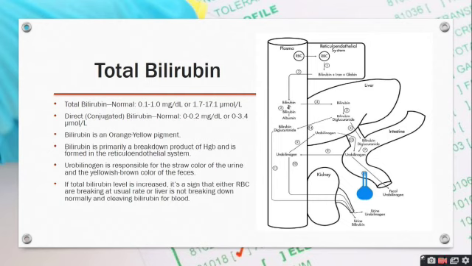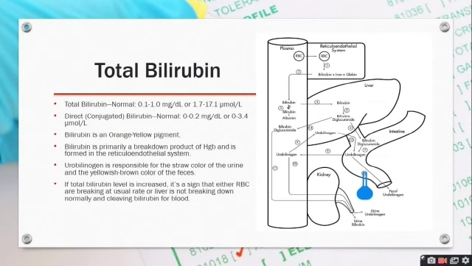Then in the 10th step, it is either excreted in the urine, called urine urobilinogen, or it can subsequently be excreted in the bile in the form of fecal urobilinogen again. Now in the 11th step, in many types of liver diseases, conjugated bilirubin is present in increased concentration in the blood.